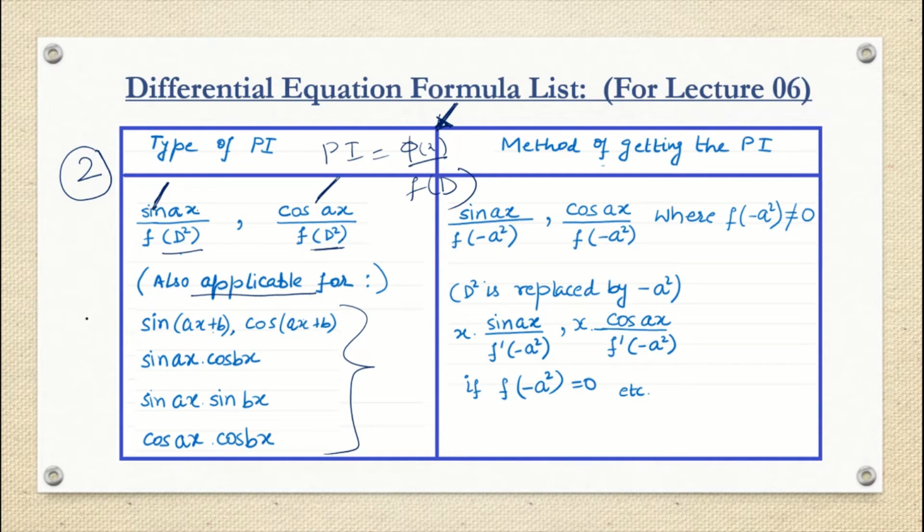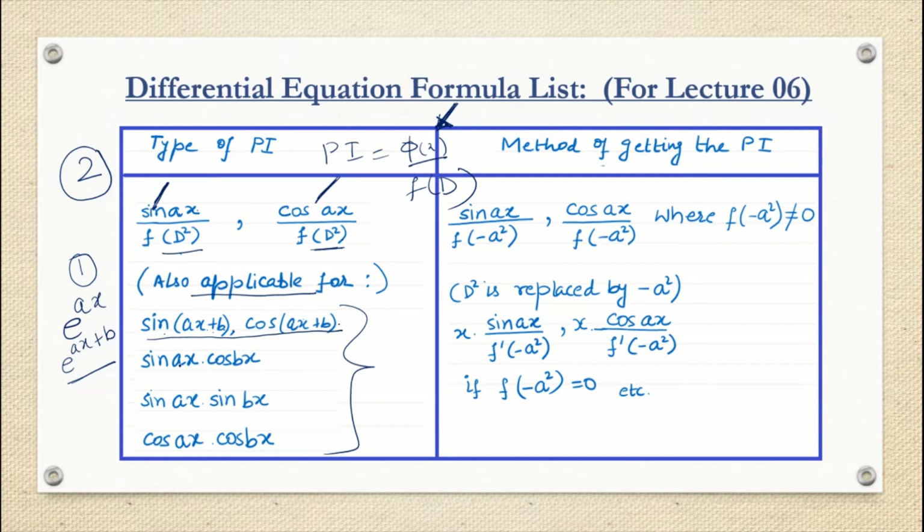Similarly, as we saw in type 1, e raised to ax on the right hand side of the differential equation is type 1, and e raised to ax plus b also goes. If the right hand side has some trigonometrical function, that will be your type 2. Here we have sine ax, and we can have sine ax plus b and cos ax plus b also. These variations are also of type 2.